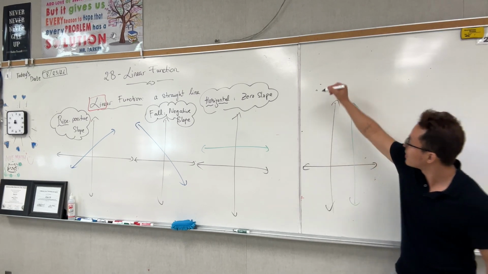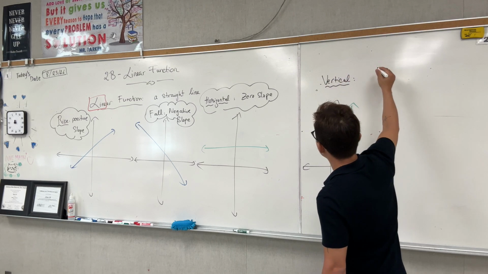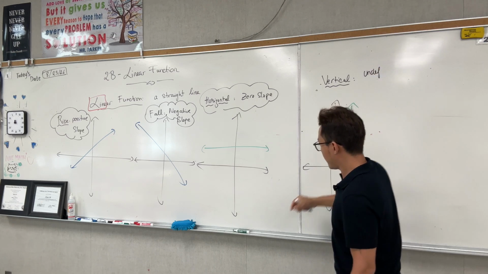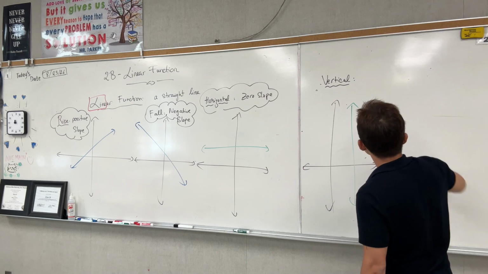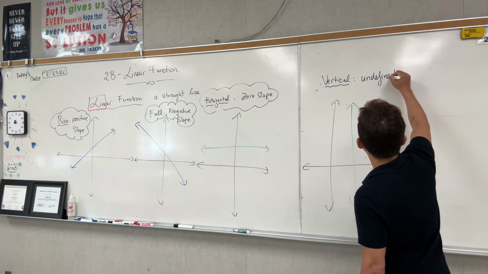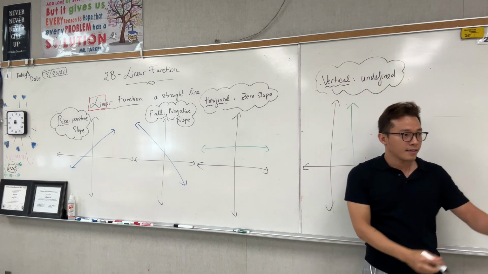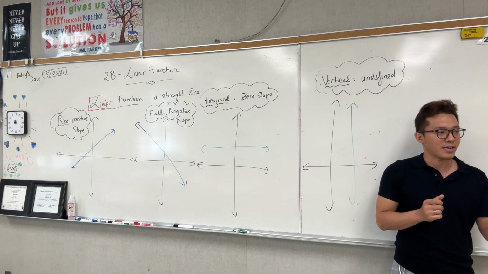Undefined. Wow. You got it in one shot. It took a while for the other period. Okay. Undefined. Can you actually elaborate more? How do you know this is undefined? Sabrina, right? Alejandra.